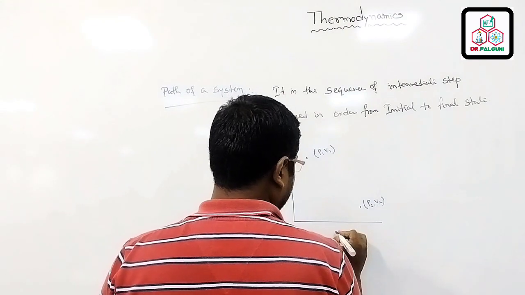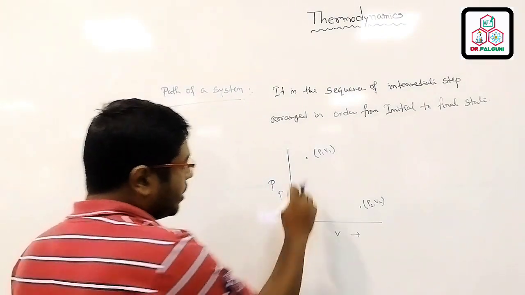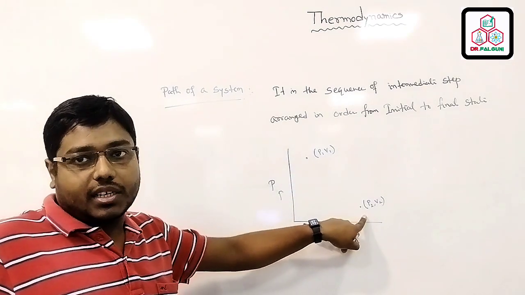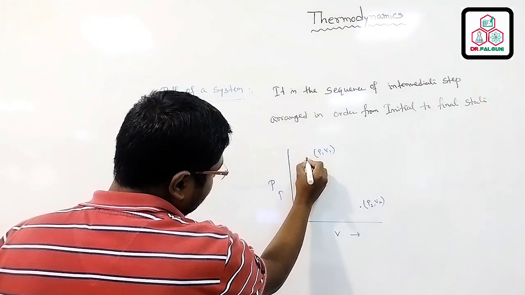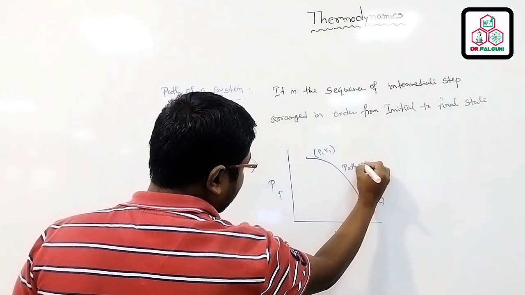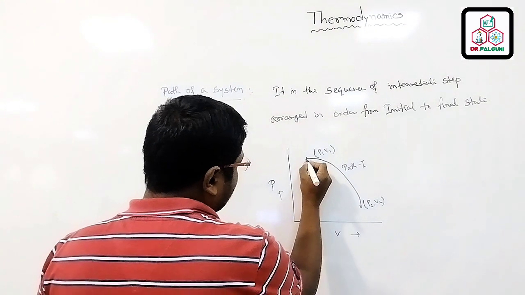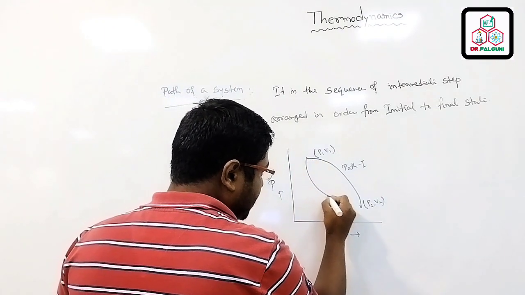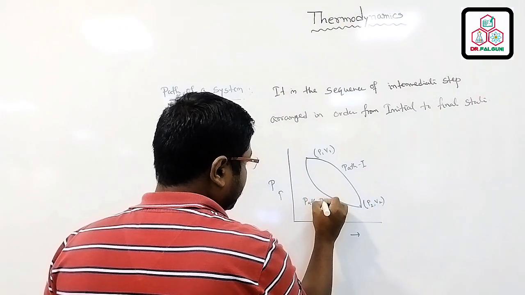The y-axis is P and the x-axis is V. So the system goes from the initial state to the final state either through this path, which you can say is path 1, or through another way, this path, called path 2.